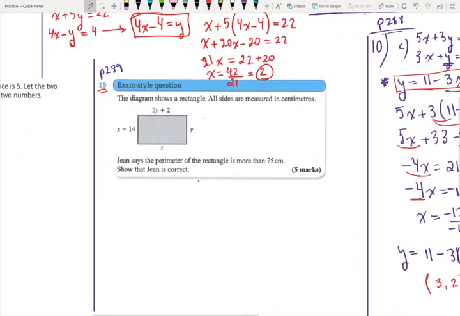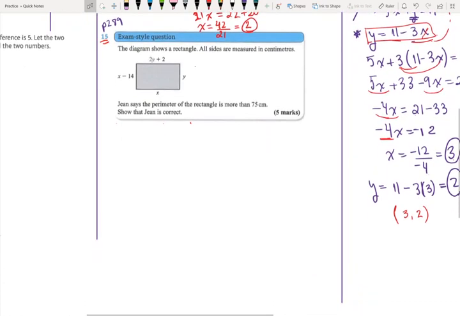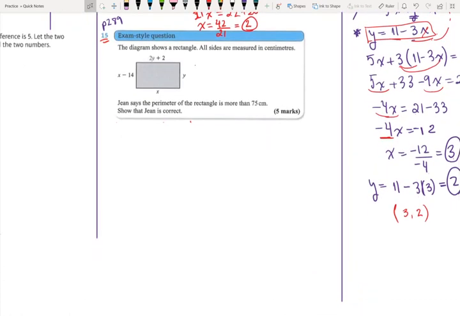Moving on to number 15, which is also an exam style question. And we start. The diagram shows a rectangle. All sides are measured in centimeters and they are represented in terms of y and x.